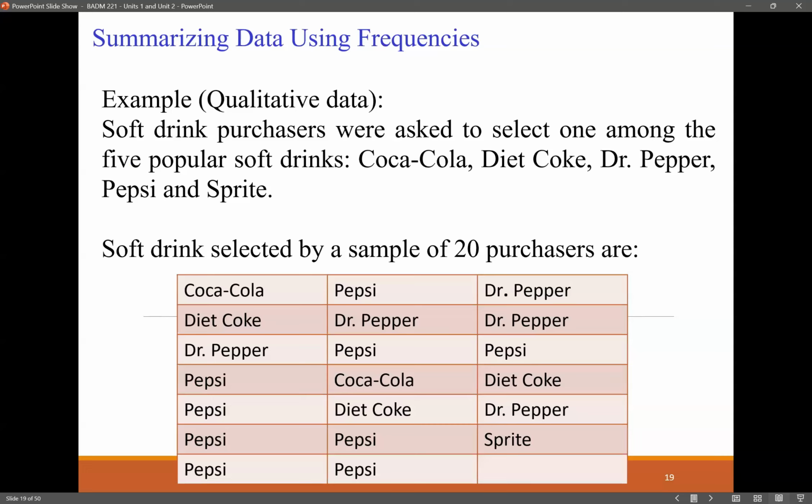Soft drink purchasers are asked to select one among 5 popular soft drinks: Coca-Cola, Diet Coke, Dr. Pepper, Pepsi, and Sprite. Soft drinks selected by a sample of 20 purchasers are these 20 samples. Now these are qualitative data, as you can see. These are described by the brand name, so these are not numbers. Therefore, this is your qualitative data.